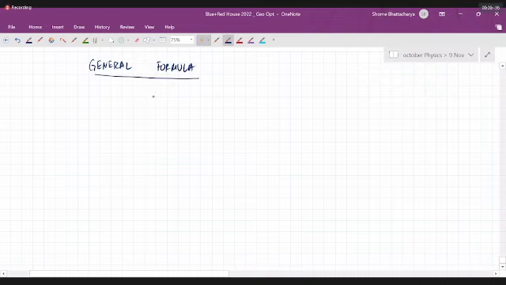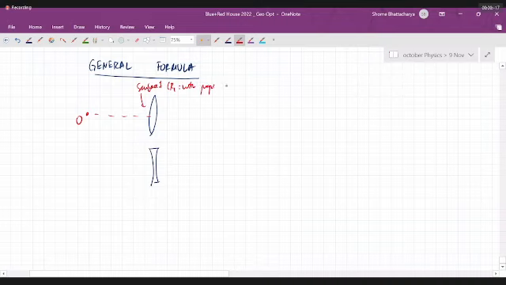Whether we have this type of lens or this type of lens or whatever be the case, if an object is kept on this side, then this is surface 1, which will have a radius of curvature R1 with proper sign. And this will be surface 2, which will have a radius R2 again with sign.